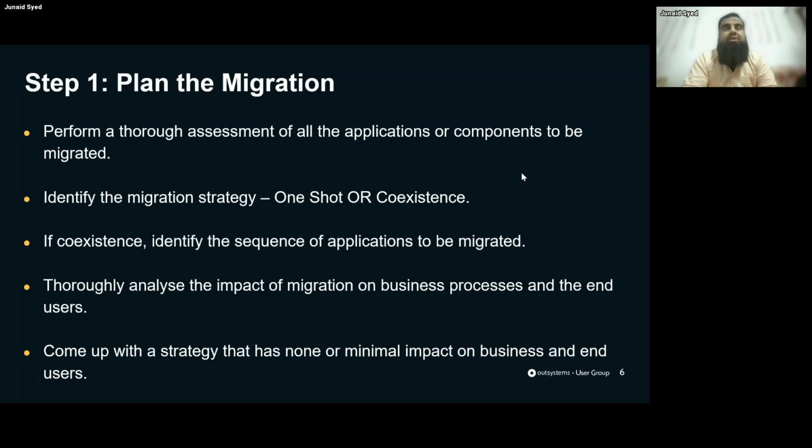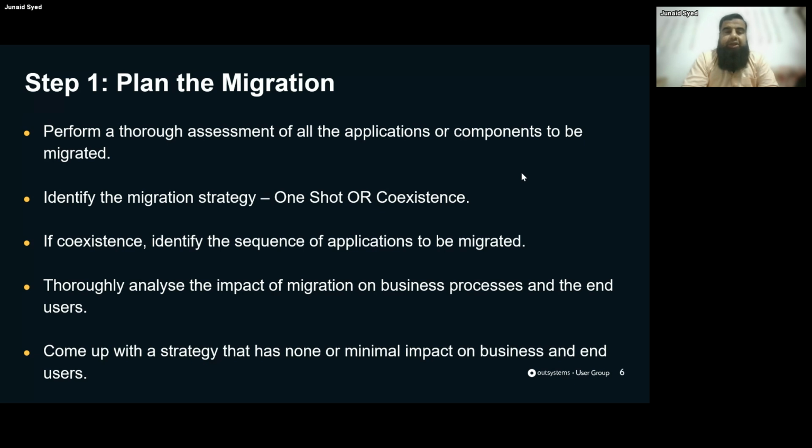I mean, in terms of negative impacts, obviously there would be different screens, and you would make some modifications in the look and feel and the user experience, but the end-to-end process should continue to work. So these 90 applications which are still sitting in O11 should communicate smoothly with those 10 applications which are migrated to ODC.